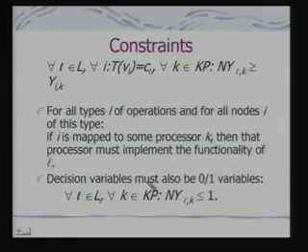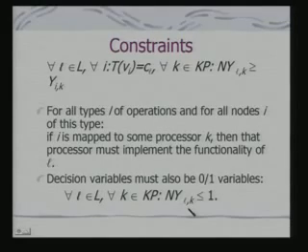And decision variables must also be 0, 1 variables, and that is why for all l which is an element of the set L of types of computations, and for all k which is an element of K_p, the set of processors, this mapping has to be less than or equal to 1. In fact, the values could be either 0 or 1.